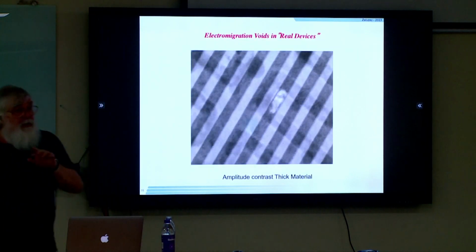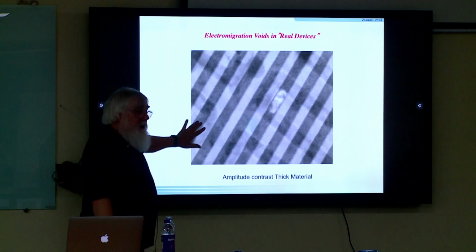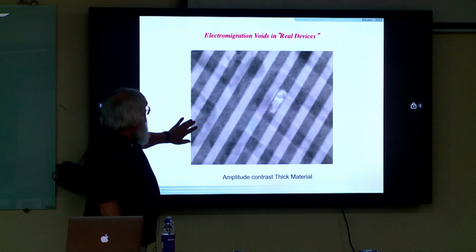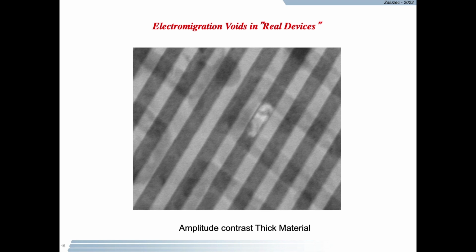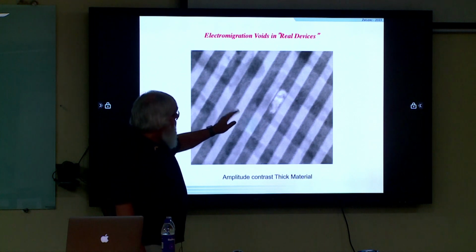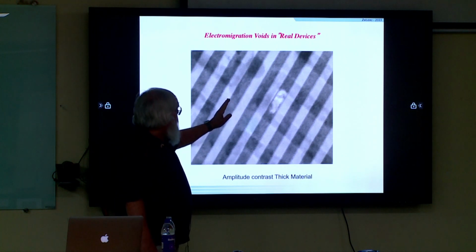I'll give you another example of mass thickness contrast, this time in a semiconductor device. This happens to be amplitude contrast. It's a relatively thick semiconductor, but it consists of electrical contacts. So we've got silicon, tungsten, silicon and copper.